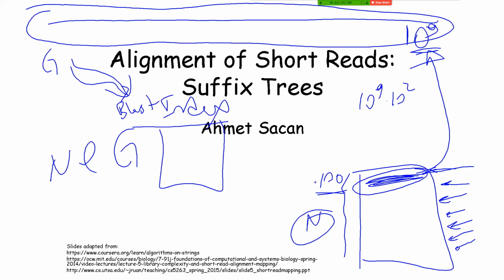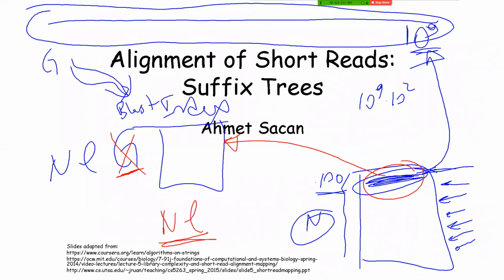I'm going to pull out this short read, search it against this index, and I will more or less do this in an amount of time that does not depend on the size of the genome, roughly speaking. So I've reduced the problem to run in time n times the length of each short read. So each search will be fast, but you have many of them to perform.